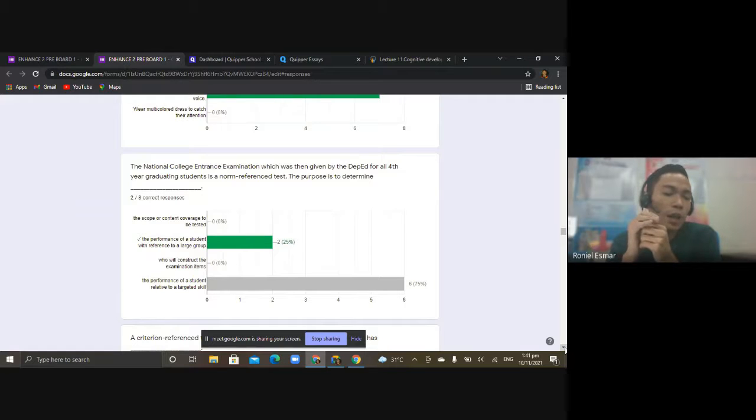Or is it option number 3, letter C? The purpose is to determine who will construct the examination items. We let our fourth year graduating students take the National College Entrance Examination, sila pala itong pakonstrakon sa examination items. So kani siya nga option is another obvious distractor, so this should be eliminated. It does not make sense at all.